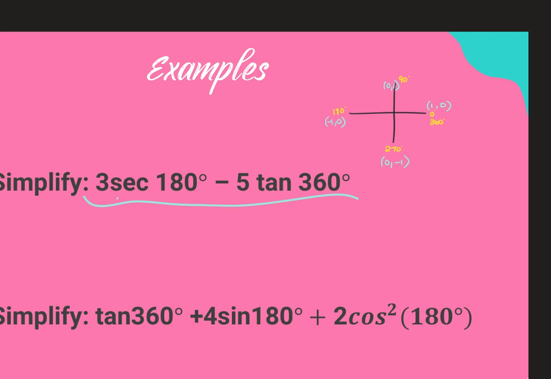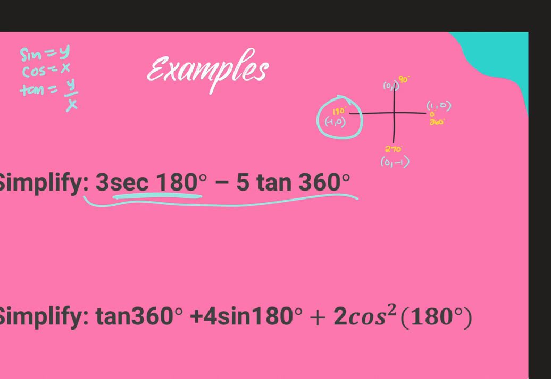So secant at 180 means I'm going to go to the 180. Secant is the reciprocal of what? Cosine. So what's the cosine at 180? Remember, sine is y, cosine is x, tan is y over x.